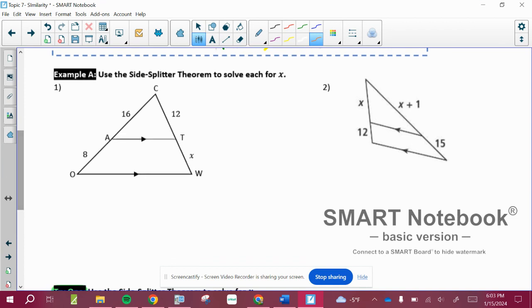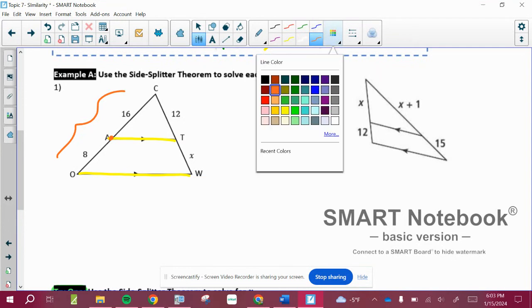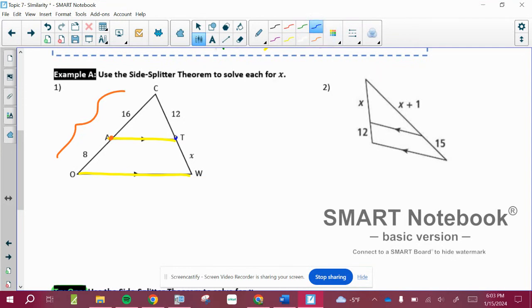Okay, example 1. I can see that line AT is running parallel to OW, so we can use our side splitter theorem. This point A is splitting the left side into two parts, and point T is splitting the right side into two parts.